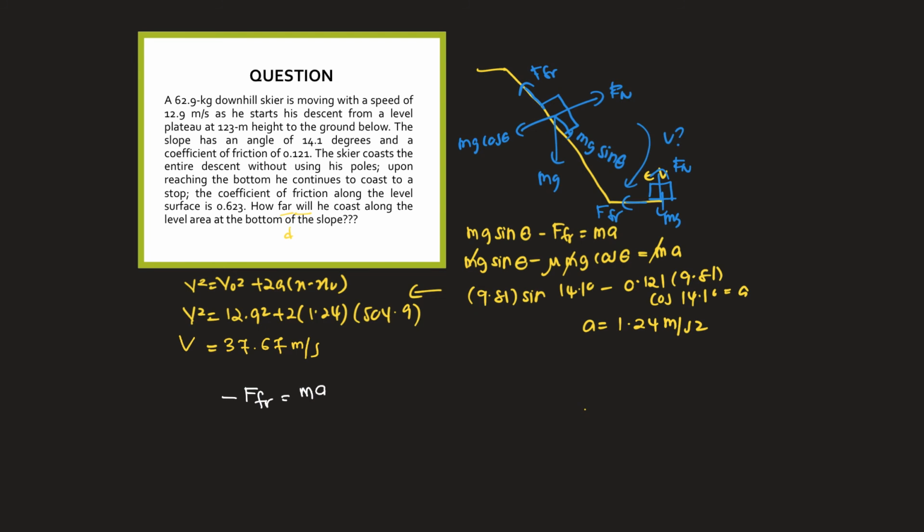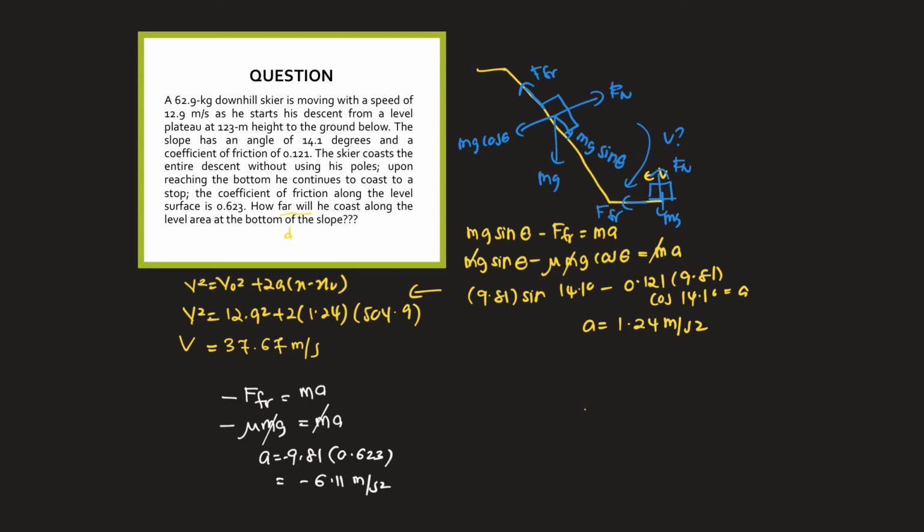I need to find the acceleration first, then I'm going to find the d. So negative mu mg equals to ma. So m can be cancelled out, so you are going to get a equals to 9.81 times the mu, which is 0.623, negative over there. So you are going to get negative 6.11 meter per second square.